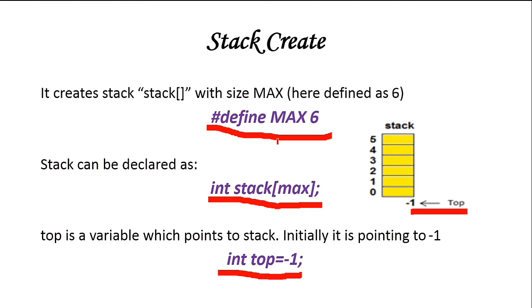There is a mistake. I have to take it as capital letter MAX, because I have defined it as capital letter MAX. So the same thing you need to write here. Okay, so I have to declare it as int stack[MAX]. This is how you can create an array.